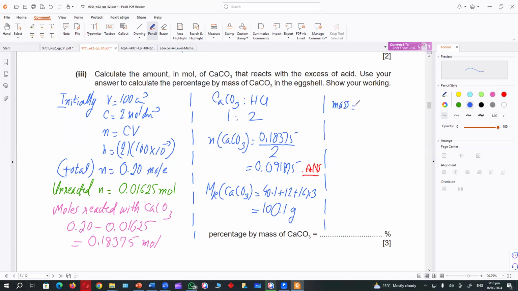Mass is equal to number of moles into Mr. It will be 9.2 grams.